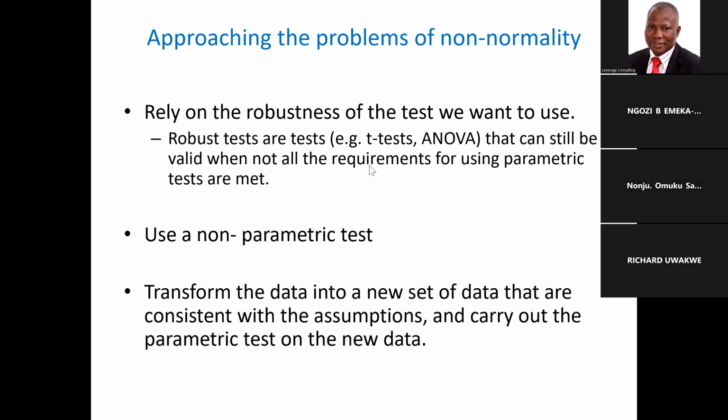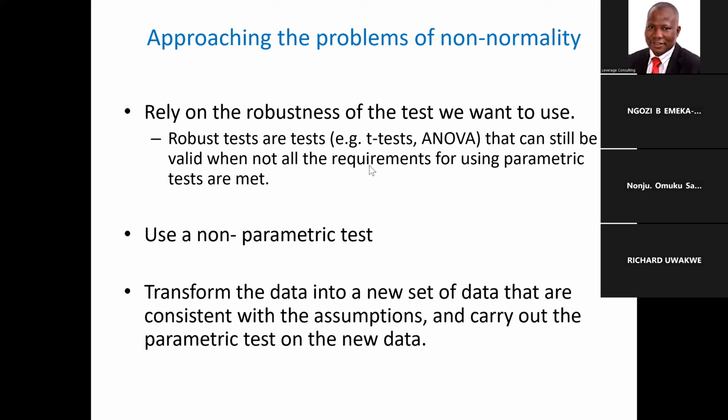The second option: if the skewness is so much, the deviation from normality is there, and to make it worse you cannot say there's homogeneity of variance, when those first two important conditions are grossly violated, you may have to go to the next option, which is to use a non-parametric test. Each of these t-tests has its own non-parametric counterpart, which we are going to start looking at tonight.